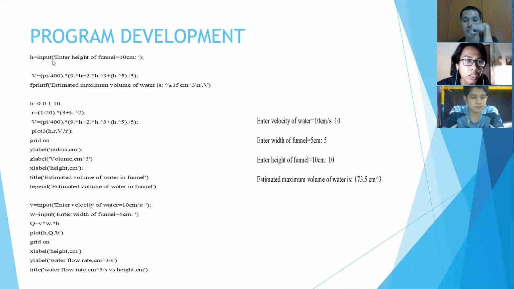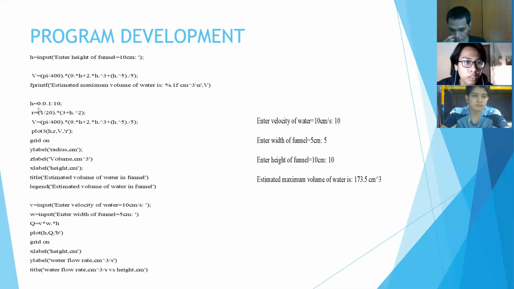We need the user to enter the maximum height of the funnel, which is 10 cm. When the user inserts the 10 cm height, it will appear that the estimated maximum volume of water is 173.5 cm to the power of 3. So next we go to the 3D graph.